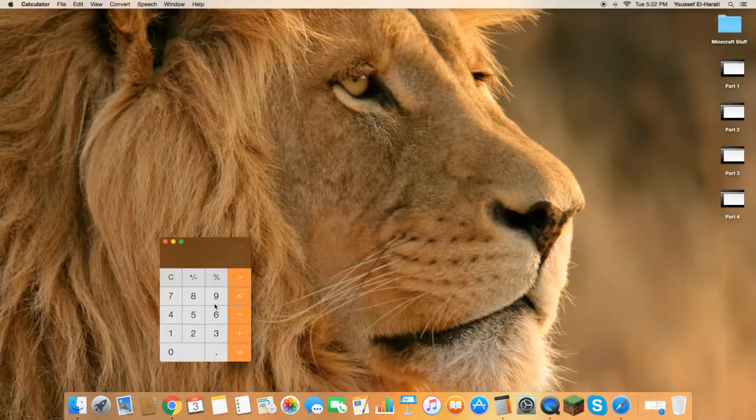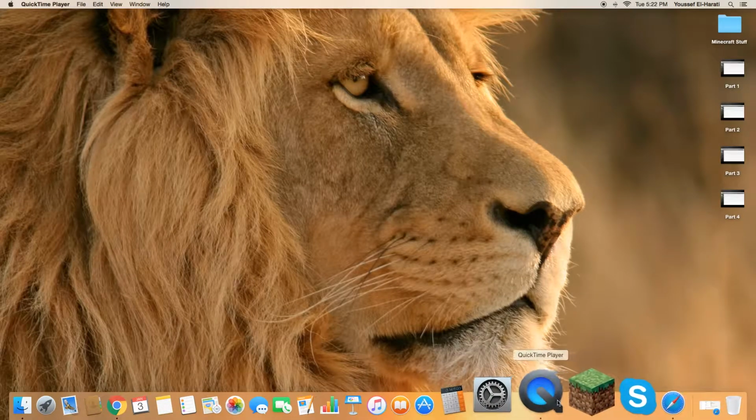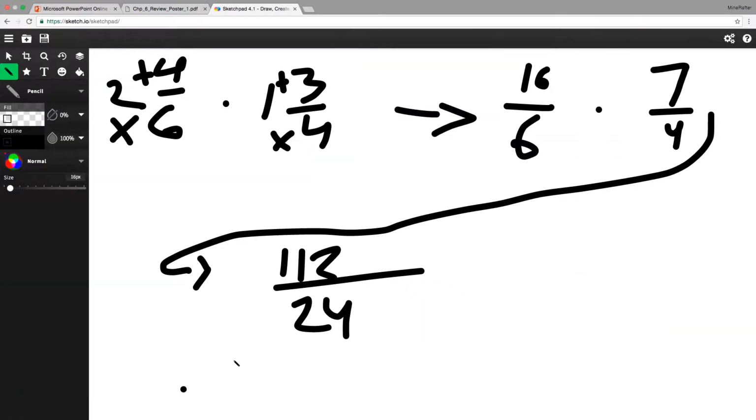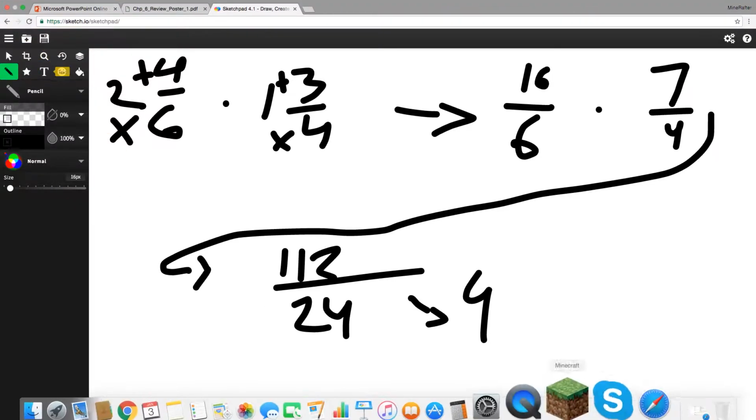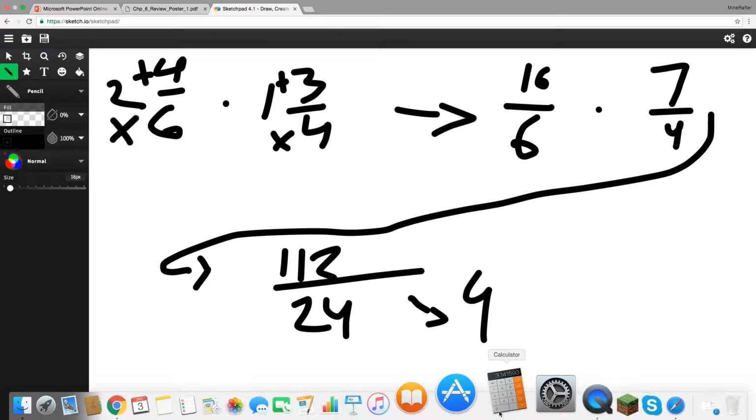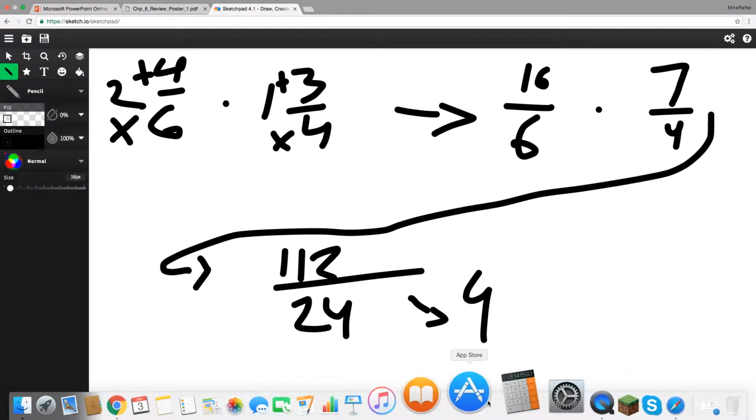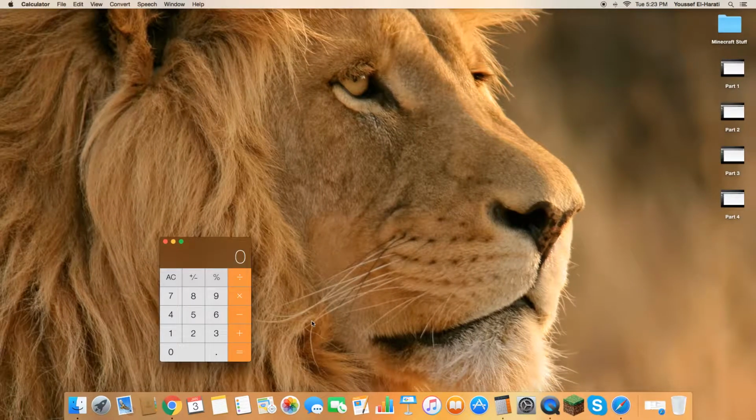So 24 times 4 in this case, you get 96. And then you go 100 and, oh wait, sorry, I gotta put over here, you gotta put a 4 first. So you put a 4, and then since I got 96 when I did 24 times 4, so I got 96.